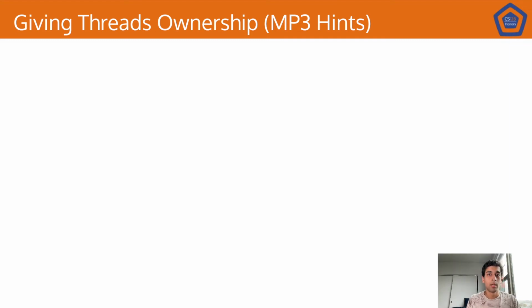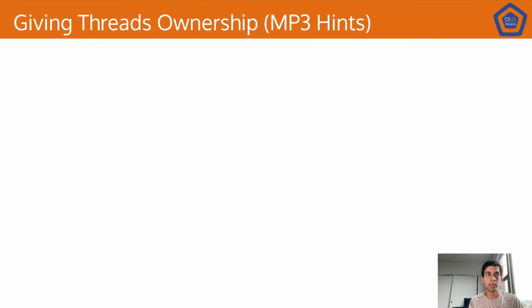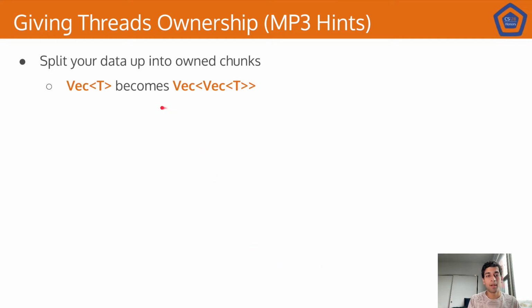Okay, so I've been talking a lot about giving owned copies of data to threads, and so I'm going to show you what that looks like in the context of MP3. You're going to want to split up your data into owned chunks. So if you have a vector in MP3, it's going to be a vector of strings.